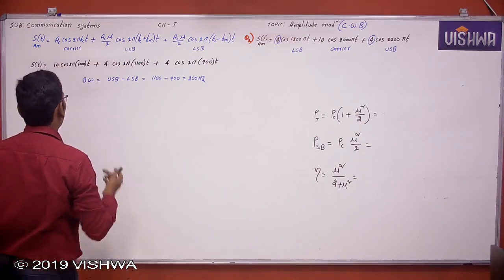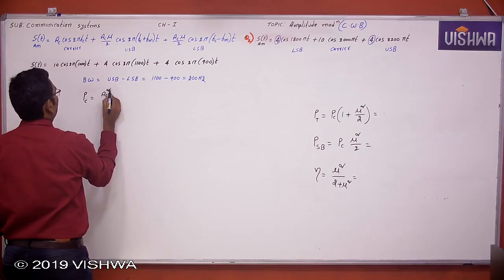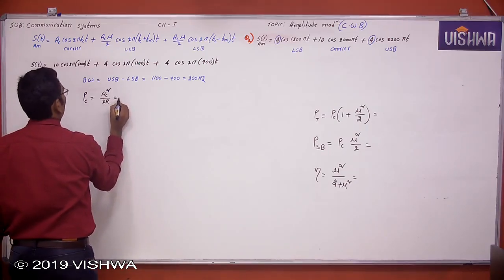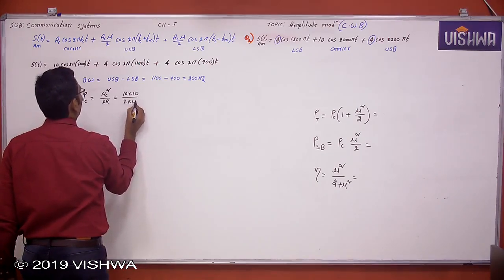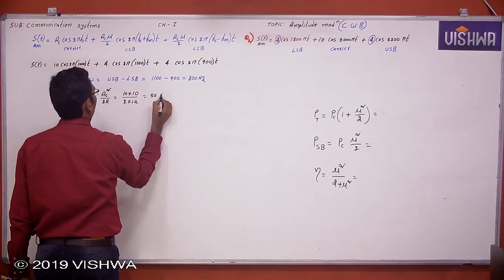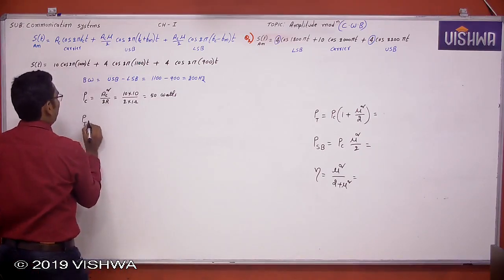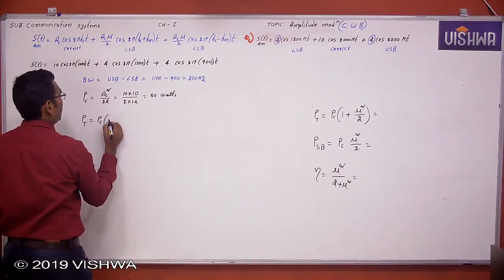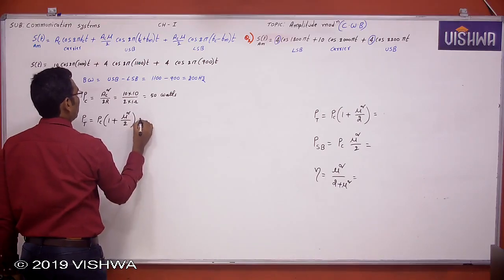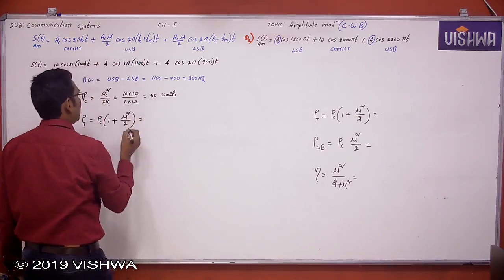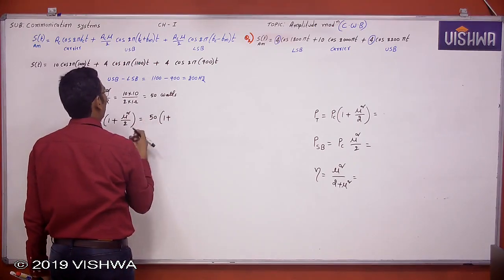Now carrier power, which is equal to AC square by 2R, which is equal to 10 into 10 by 2, R is 1 ohm, which is equal to 50 watts. Now the total power, which is equal to PC into 1 plus mu square by 2. What is PC? PC is 50. Where is mu?